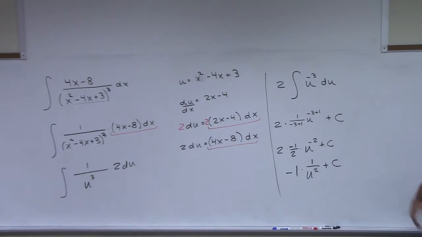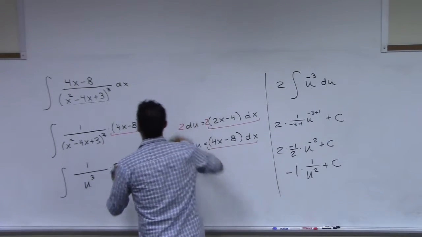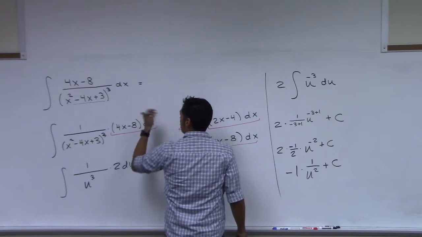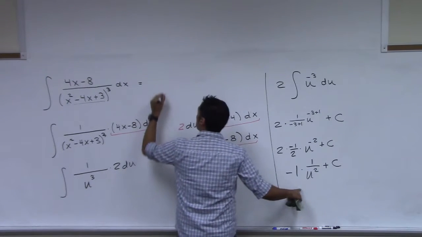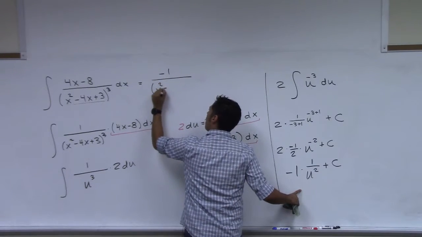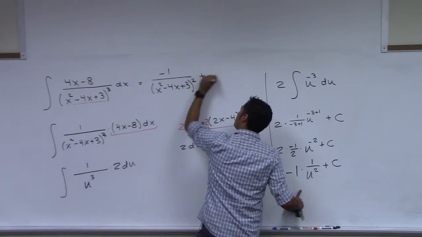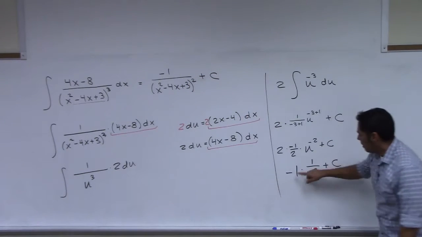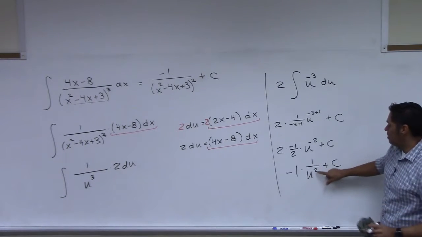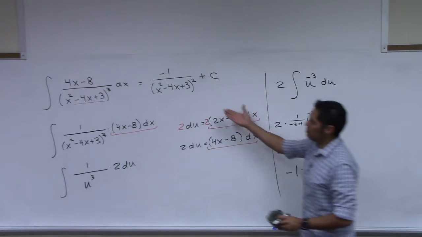I just need to replace my u with what it is. And u was what? It was x squared minus 4x plus 3. So how about I write it like this? Negative 1 over x squared minus 4x plus 3, that quantity squared, plus c. So that is basically the negative coming up here, and then me rewriting u with what it was, and then squaring it, and then putting plus c at the end. There it is. That's the antiderivative.